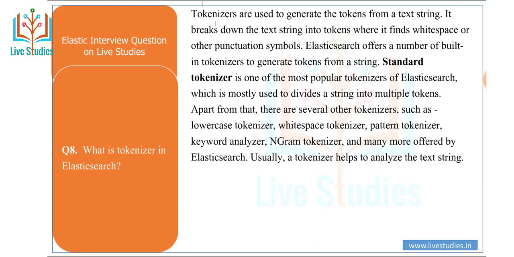Apart from that, there are several others such as the lowercase tokenizer, white space tokenizer, pattern tokenizer, keyword tokenizer, and n-gram tokenizer, and many more. Usually a tokenizer helps to analyze the text string.